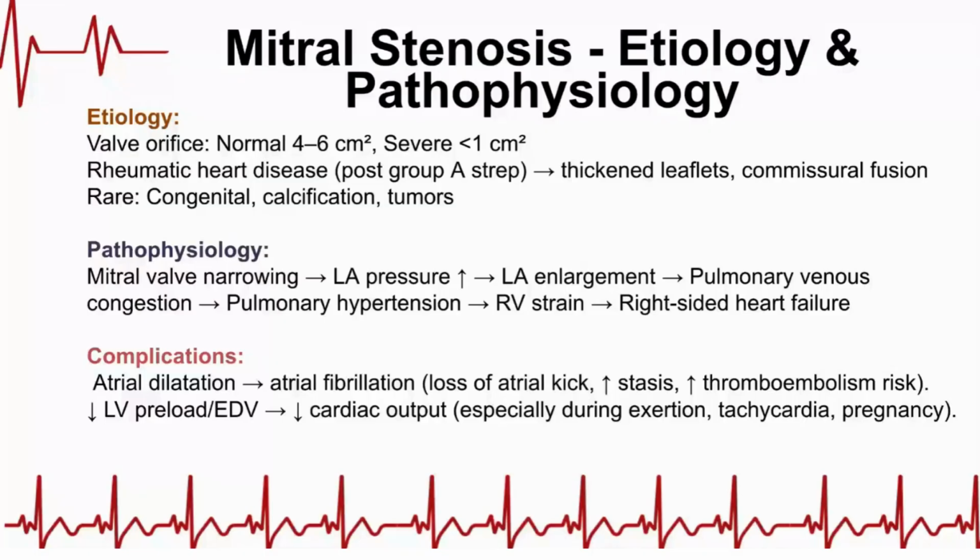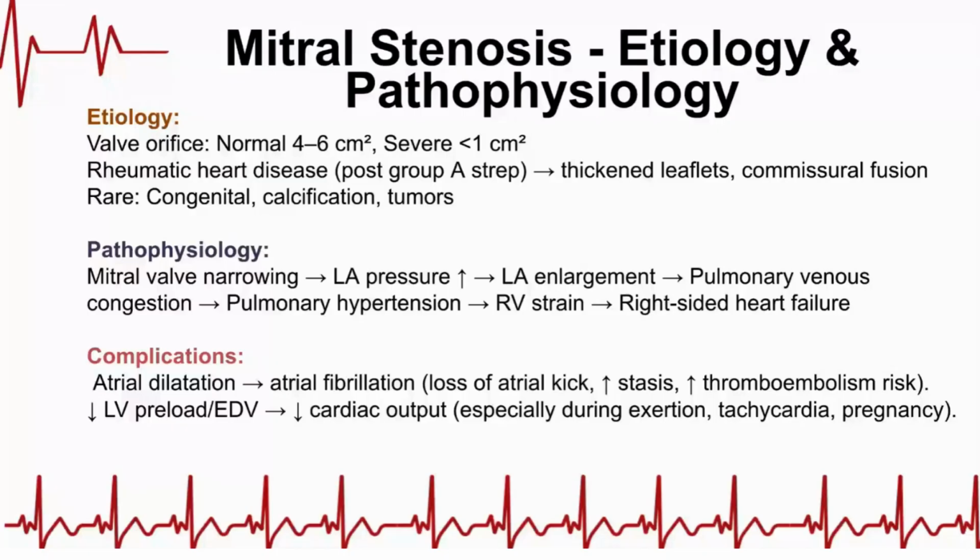In terms of etiology, the most common cause of mitral stenosis is rheumatic heart disease, especially after Group A streptococcal infection. What we see is thickened leaflets and commissural fusion. Thickened leaflets will make it very difficult for that valve to open.